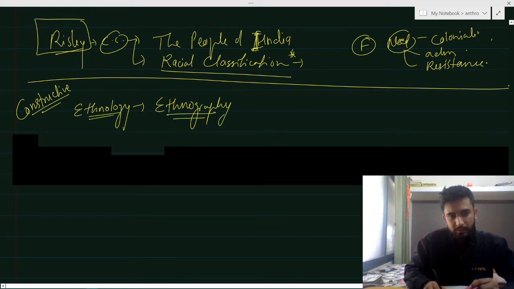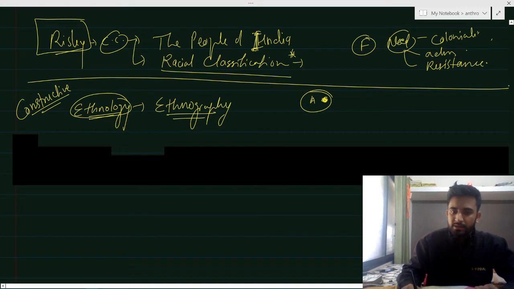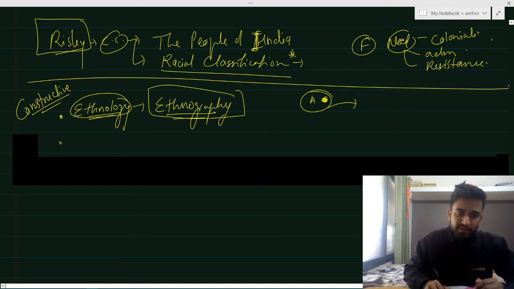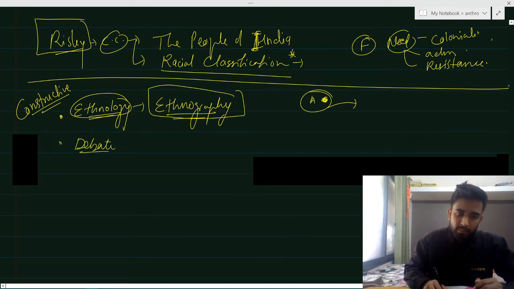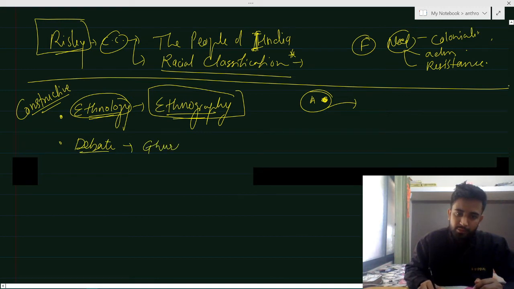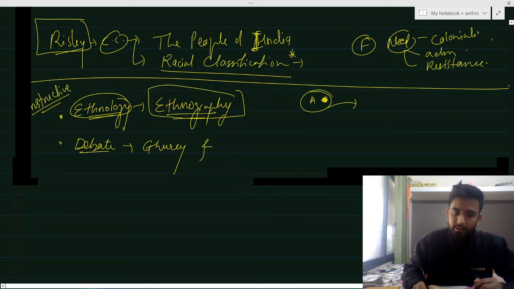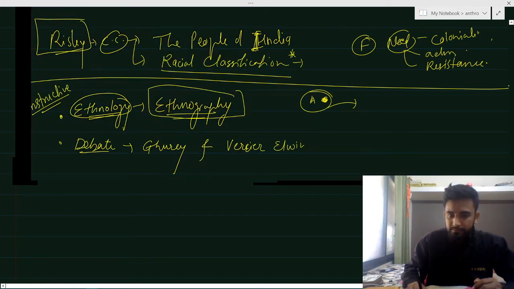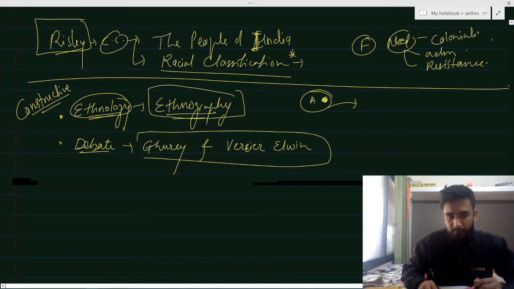Earlier what used to happen is that, for example, this is a tribe, and there was a complete study on this. Now the study will be holistic, complete as well as comparative. So that becomes ethnography. Next, the most important thing about this constructive phase is the debate which happened between Ghurye and Verrier Elwin.